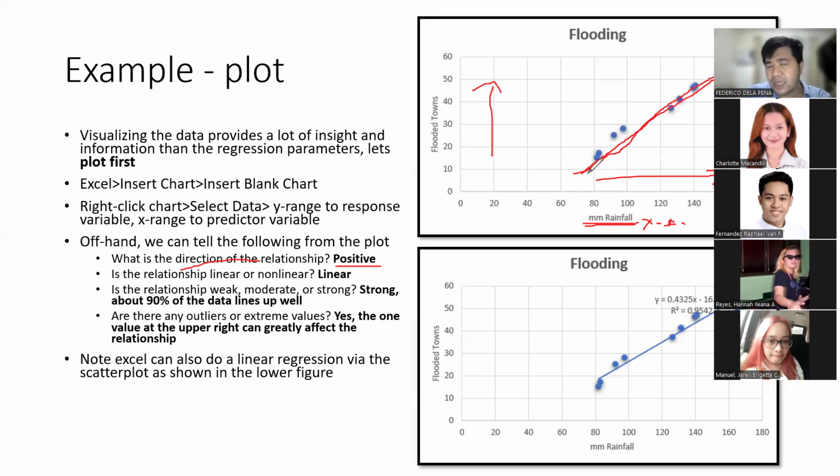Again, you can see more or less that the values are lining up on a straight line. So it's a linear one. And you can also see that there's a minimal gap in your data set. So you can see that it's probably a strong relationship.